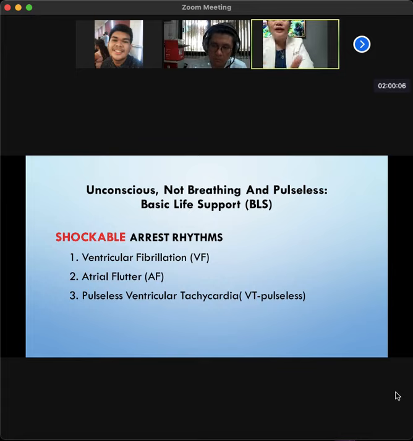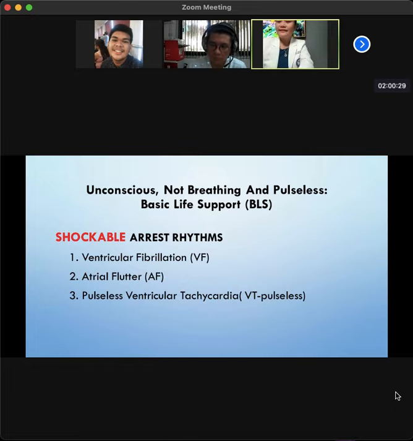Okay, remember, yung kanina, di ba, we have the ventricular tachycardia with pulse. But now, for your shockable arrest rhythm, ventricular tachycardia without pulse. Okay, that's why it is very important for you to check for the pulses before doing all the treatment.